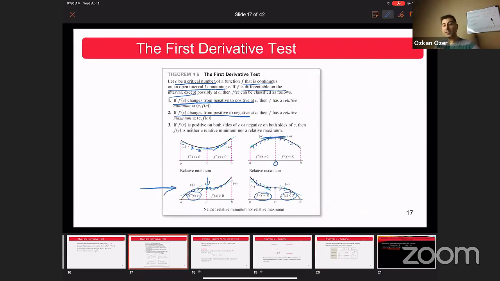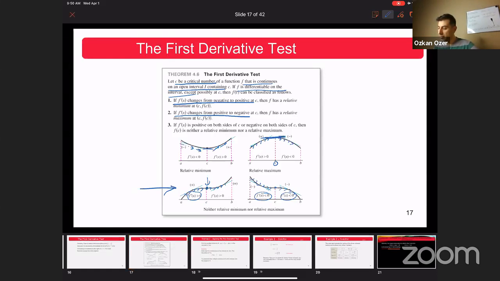If f prime is changing from negative to positive, then we have a relative minimum. If f prime changes from positive to negative, we have a relative maximum. And if f prime doesn't change its sign across the critical point, you can't really say anything about relative extrema.